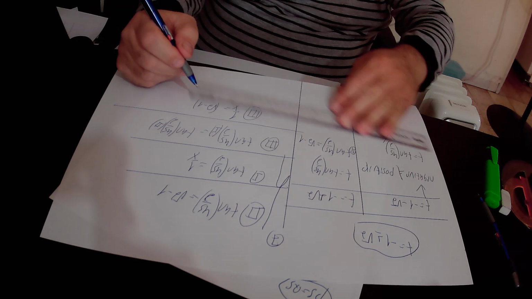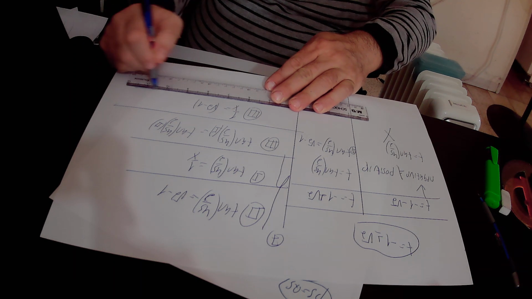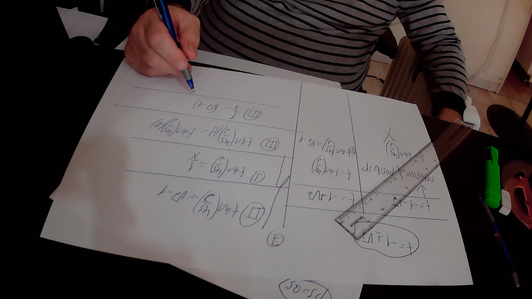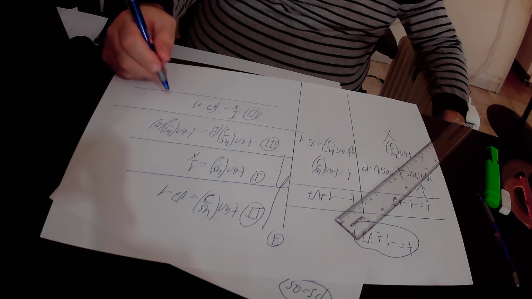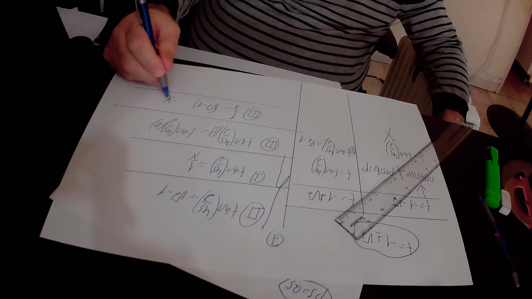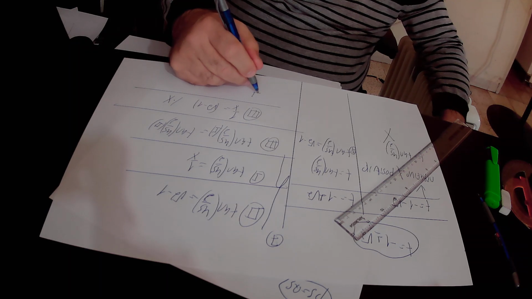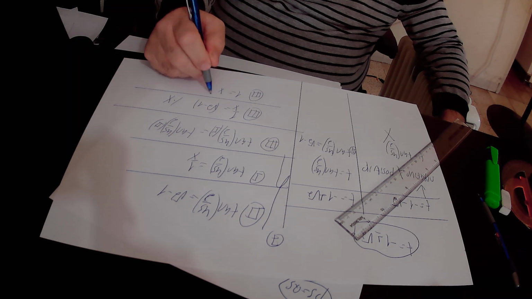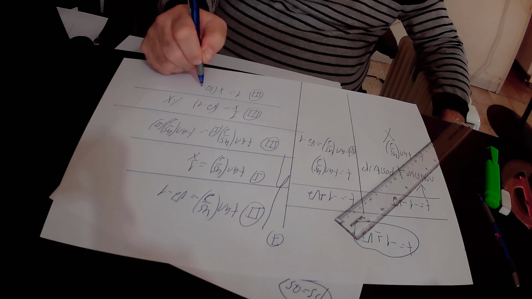So in conclusion, according to equation number 3, 1 over x equals square root of 2 minus 1. Here we multiply this equation by x and we get that 1 equals x times square root of 2 minus 1.